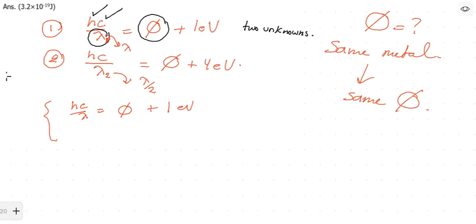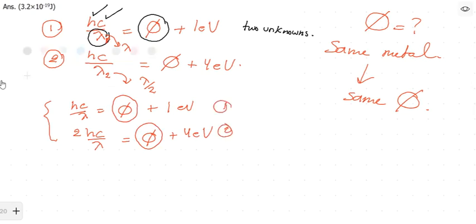And if we put lambda over 2 here, the 2 goes up, so it gives me 2hc over lambda equals work function plus 4 electron volt. See? Our aim is to find the work function, so we need to keep it, but I need to get rid of lambda. If you concentrate well on these two equations, how do we get rid of this and have only the work function?